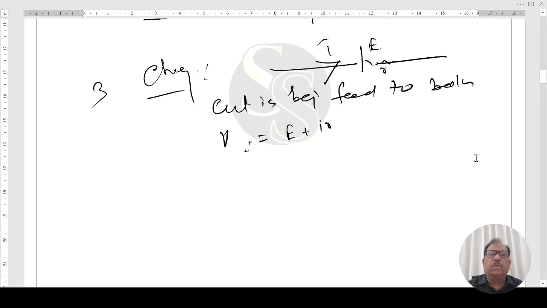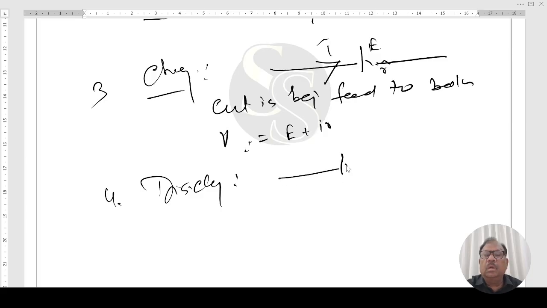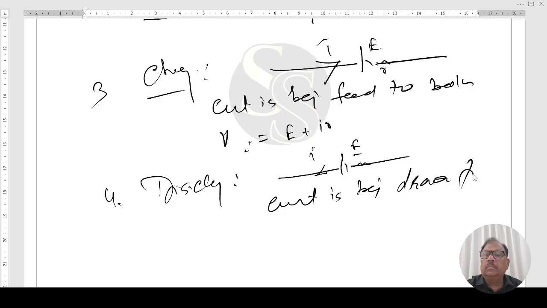What is discharging? Discharging: current is being drawn from the battery.